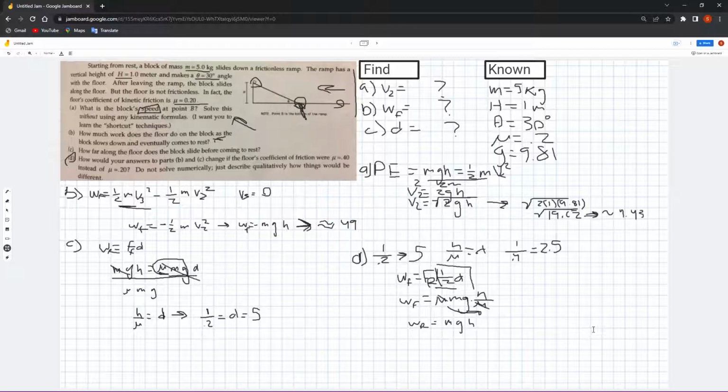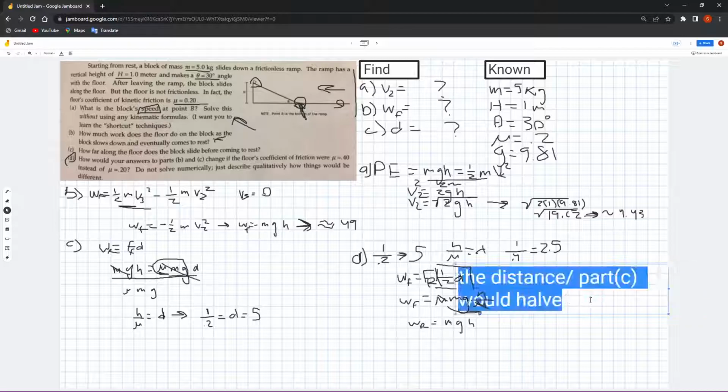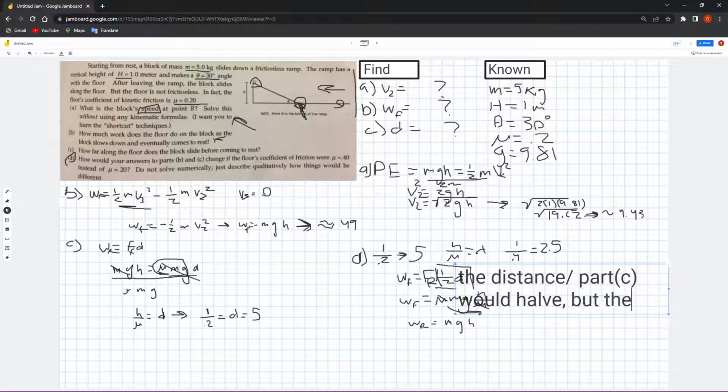So the distance would halve, but the work would remain the same.